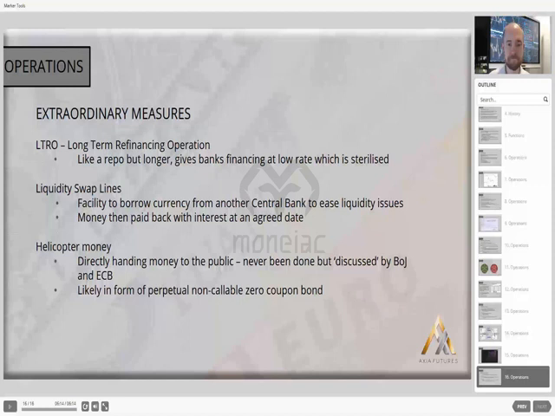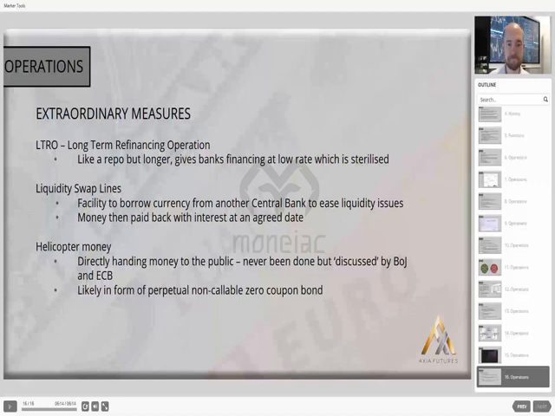Just a quick little illustration of how central banks' balance sheets have grown over time. Note the scales, I see that all of the lines finish at the same point. The scale tells you exactly how much has been purchased, but the purple is the Federal Reserve, green the Bank of England, and orange the ECB.